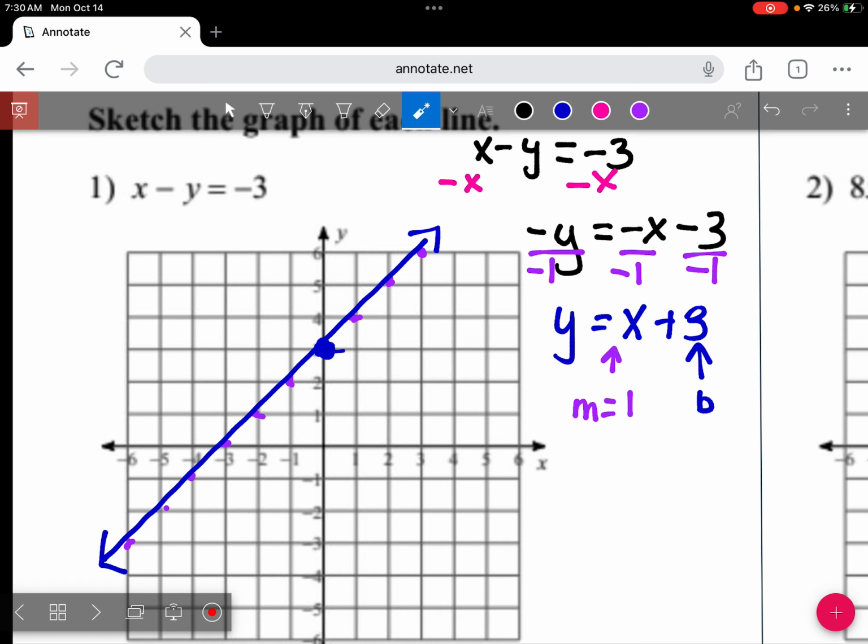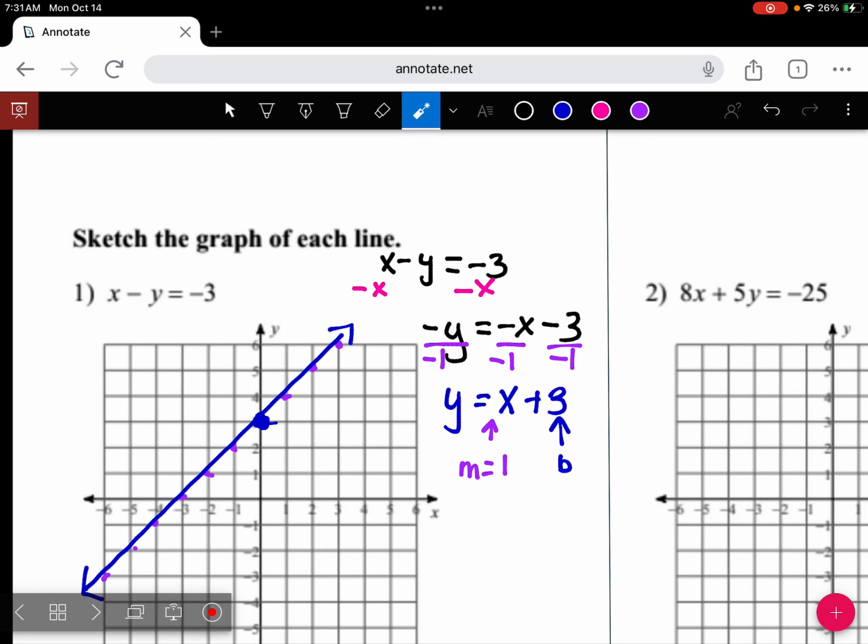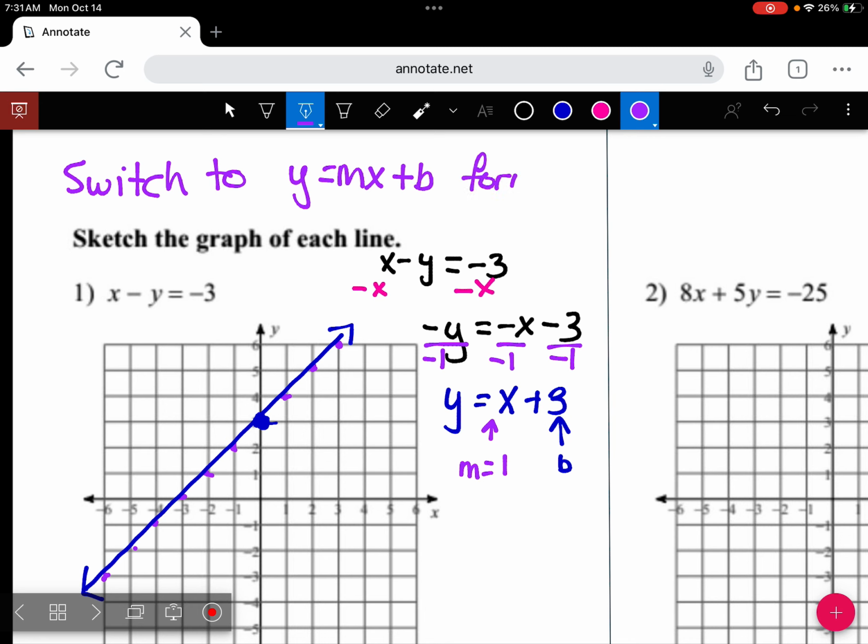That is absolutely a valid option for what to do, 100% totally fine. So what we did here is we switched this into our y equals mx plus b form.